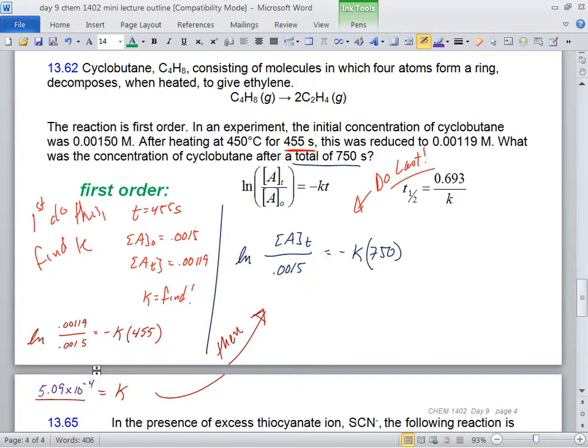Did you get 5.09 times 10 to the negative 4 for k? Yeah, good deal. So use that for your k now over here.